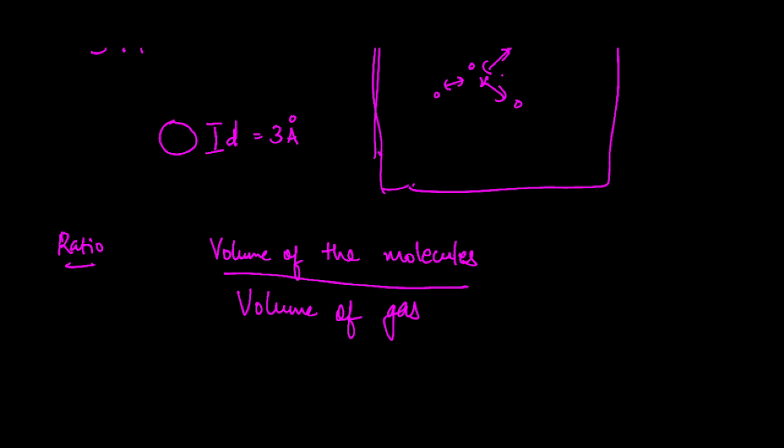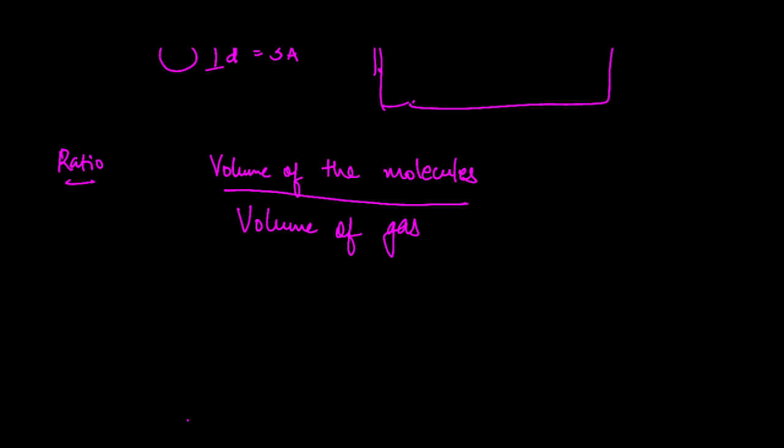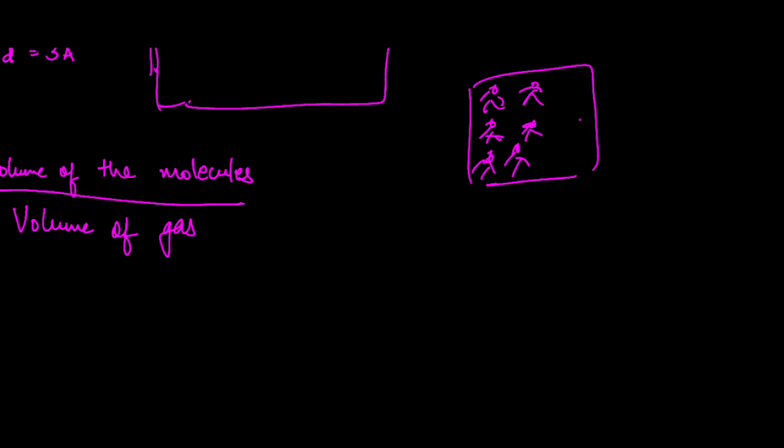Ratio of the volume of molecules and the volume of the gas. See, how are these two different? Let me explain. Suppose you all are sitting in a room. Then your bodies will occupy some volume, but there will still be some empty space. Your bodies will occupy some volume in the room, but they don't occupy all the volume in the room.